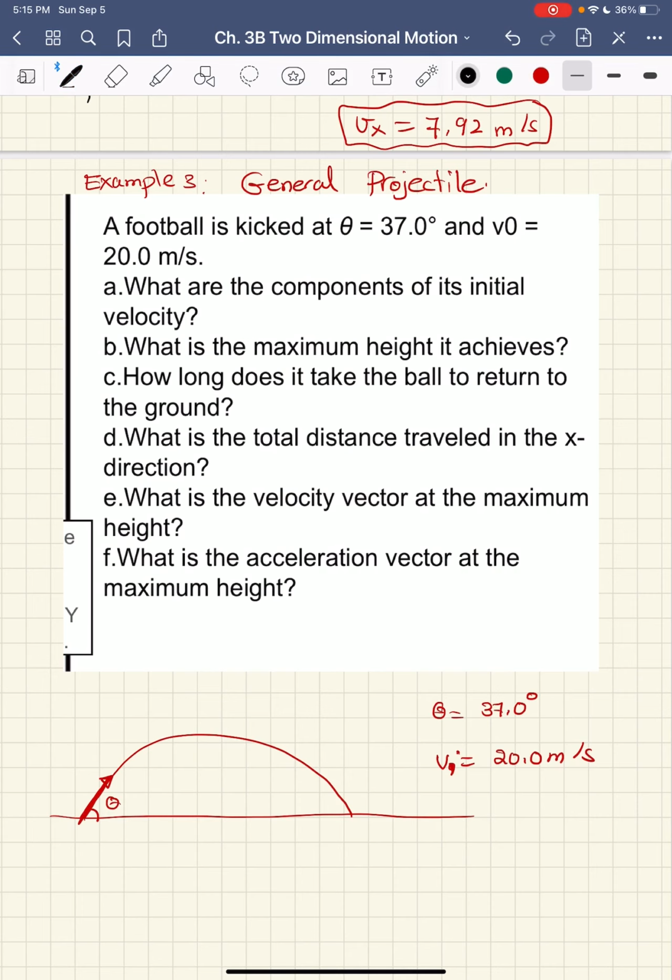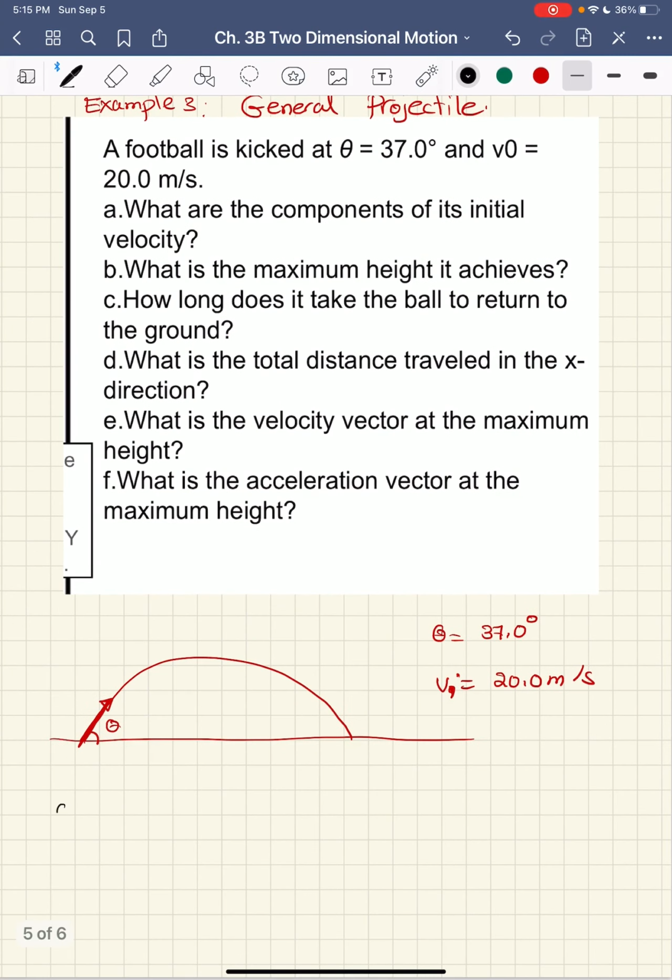The first thing that we have to start with, even if they did not ask, is what is VIX and what is VIY? VIX is 20 meters per second times cosine 37. You calculate first the cosine 37 times 20, and that is going to be 15. Keep it here.